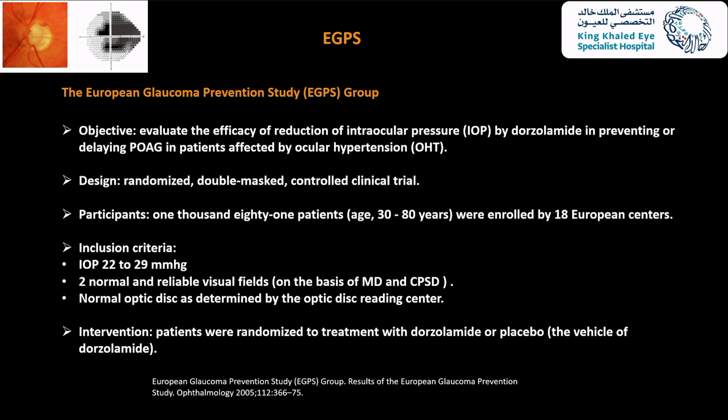It is a randomized, double-masked, controlled clinical trial with more than 1,081 patients, aged 30 to 80. Inclusion criteria were IOP 22 to 29, two normal reliable visual fields, and a normal optic disc, usually by clinical exam. The intervention was that patients were randomized to treatment with dorzolamide or placebo.